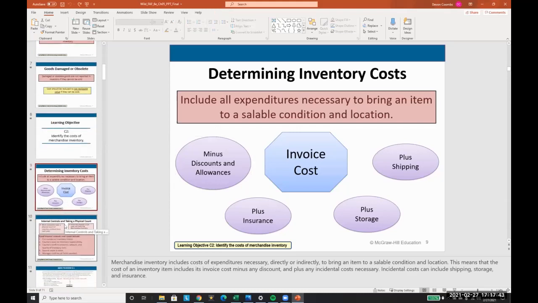And if there's storage, like if I need to store a good for a month or two before I sell it, that needs to not be expensed as a warehouse cost. It needs to be added to the cost of our inventory so our gross margins can be calculated correctly.